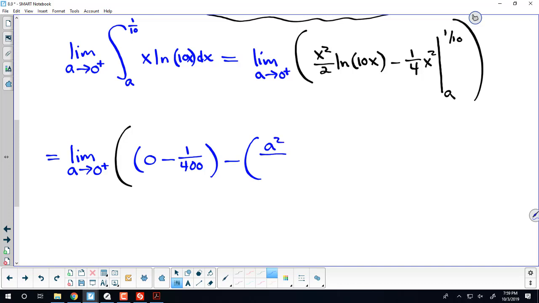So a squared over 2 ln of 10a minus 1/4 a squared. All right. Any questions on where we're at?